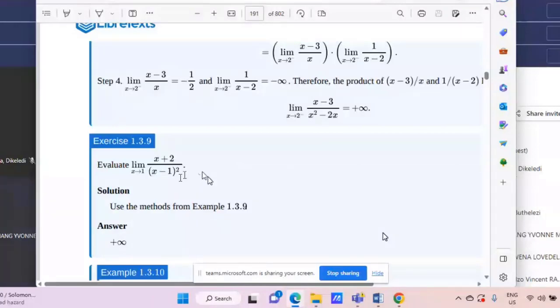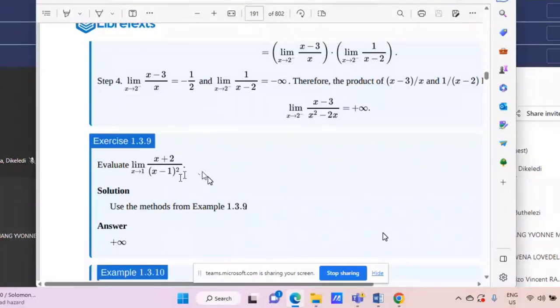Now, this is the exercise that we dealt with in closing. Bianca got positive infinity, Levan got positive infinity, and then Marvin said the limit doesn't exist.